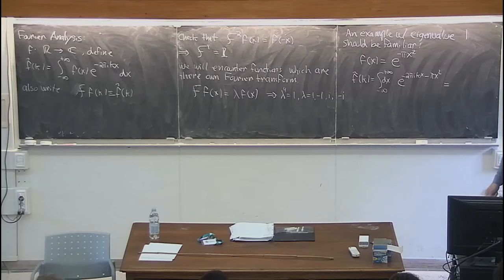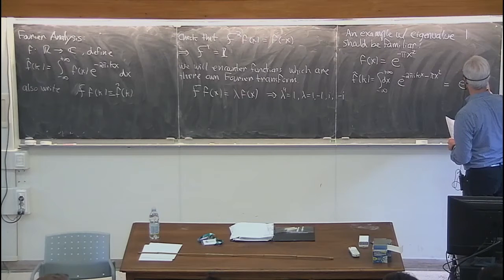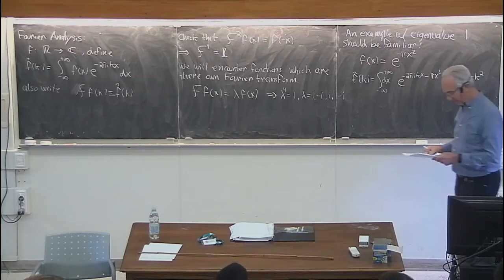This is a standard Gaussian integral, which I do by just completing the square and then doing the Gaussian integral, and gives e to the minus pi k squared. So the Fourier transform of a Gaussian is a Gaussian, a fact which should be familiar. And if I normalize the Gaussian in this particular way, then I get the function back again exactly.